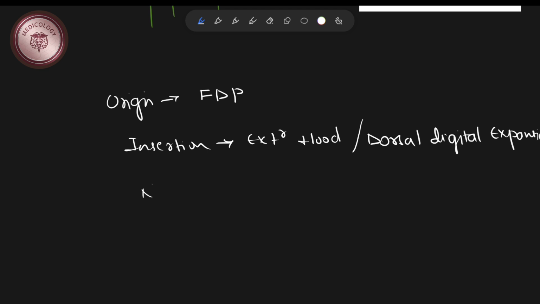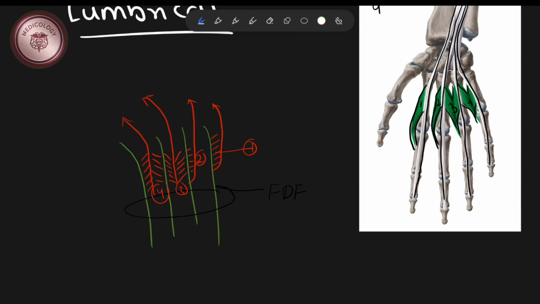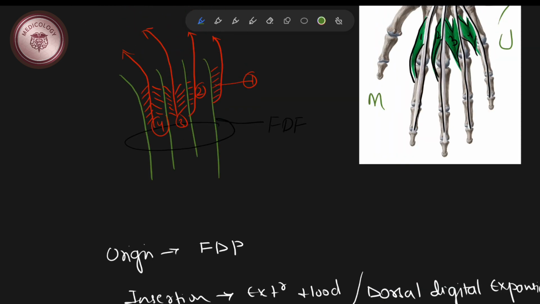Okay, their nerve supply. These are the lateral side, and the lateral side is supplied by the median nerve, and over here they are supplied by the ulnar nerve. So the first and second lumbricals go to the median and the third and fourth to the ulnar.